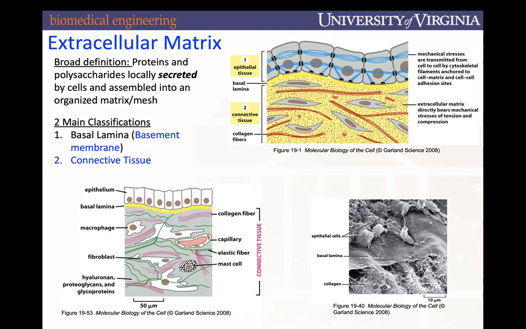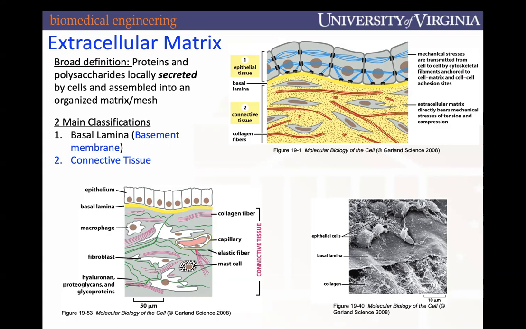There are two main classifications for the extracellular matrix. One classification is the basal lamina, the antiquated term, more commonly referred to as the basement membrane. The other classification is the connective tissue.